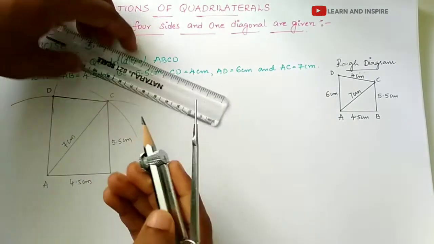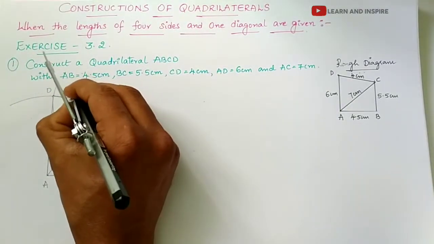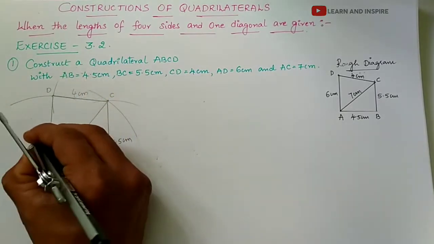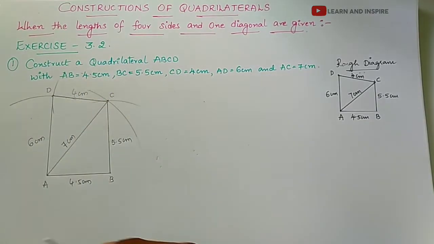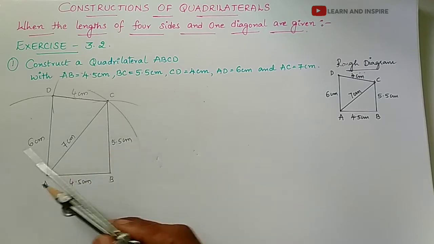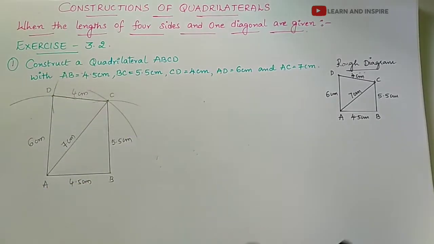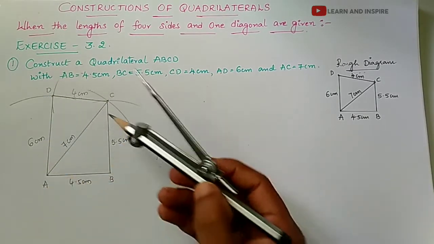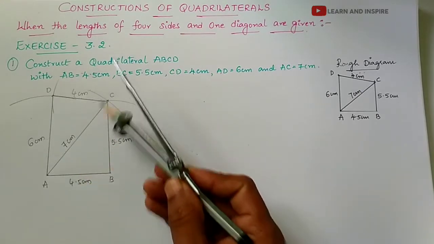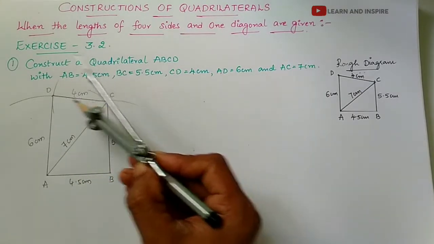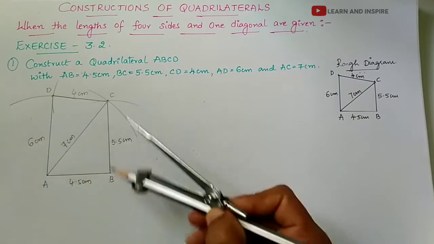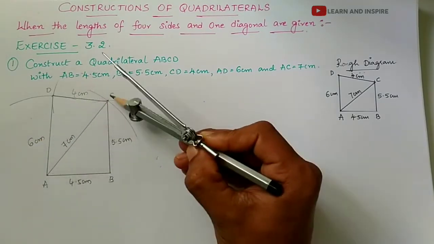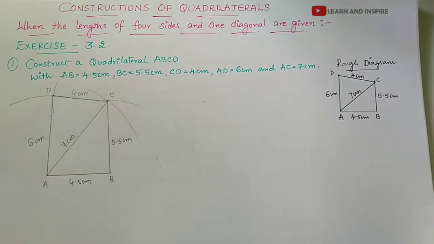Now I write these measurements: this is 4 centimeters, and this is 6 centimeters. Okay, so from this we can say that ABCD is the required quadrilateral. From these measurements you can see AB, BC, CD and AD are the 4 sides, and one of the diagonals is AC.